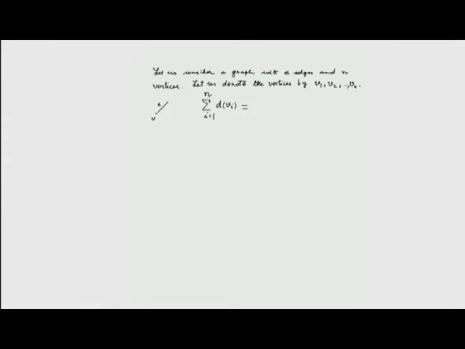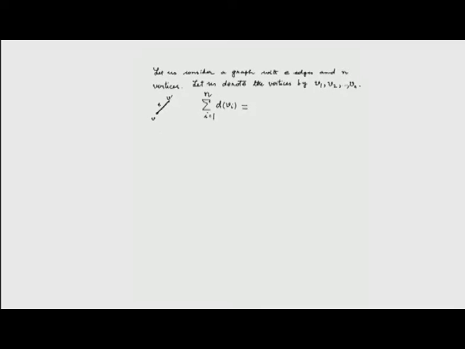Suppose I have a vertex V and the edge E is incident on it. This edge will have another endpoint, let us call that V dash, and so this edge will contribute another degree to V dash.